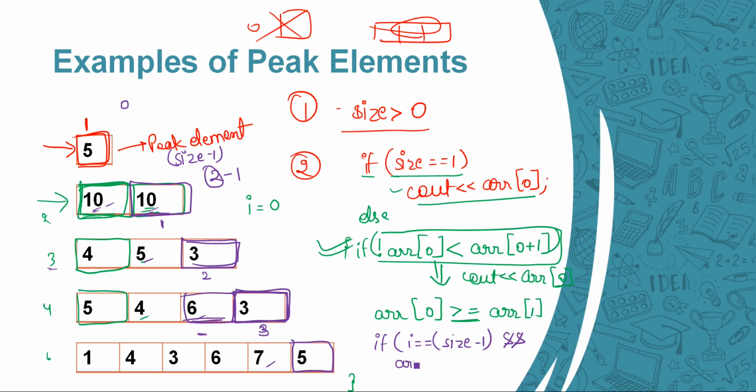So we need to check if arr[i], which basically means 3 in this case, should not be smaller than arr[i-1]. So it has index of 3 and it is going to compare with the previous element, which is its neighbor. If it is, then we need to print this element.